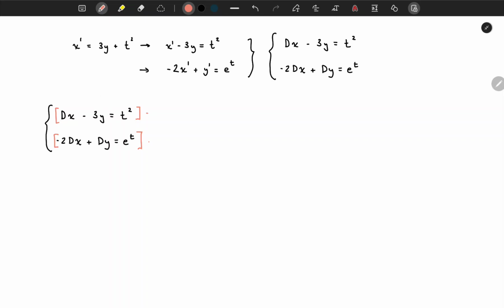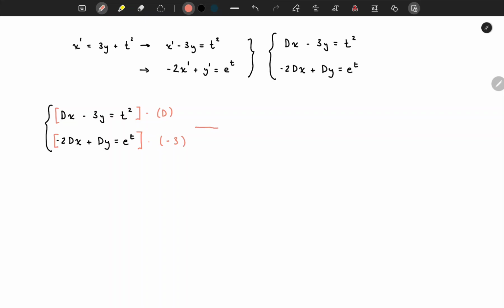So we can multiply the first equation by D, because once we do, this will give us D squared x minus 3Dy. Now if we have 3Dy in our second equation, we can multiply by a positive 3.